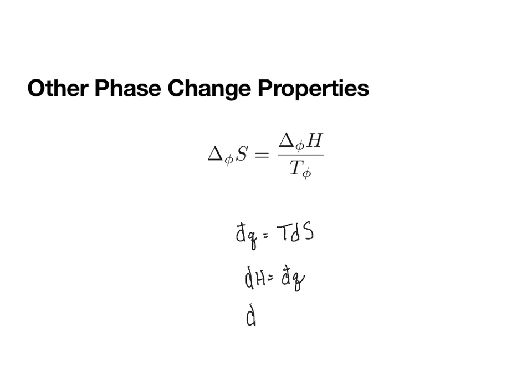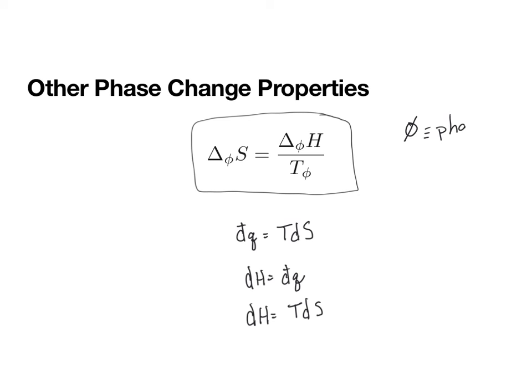And so we can say that dH is equal to TdS. Or we can rearrange things and we can get that the delta S of the phase change is equal to the delta H of the phase change divided by the temperature of that phase change. Now, in our book, whenever you see this phi, this is saying that it is for a phase change.